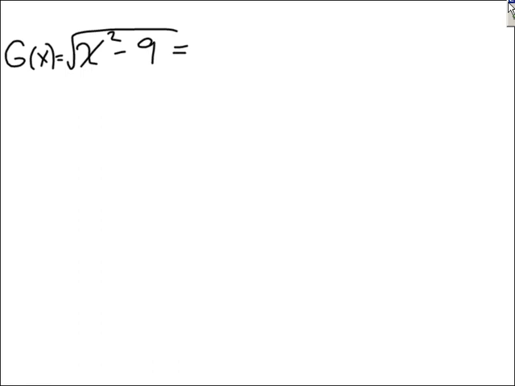Whether I can get every number, I will only get 0 or more. When you take the square root of something, no matter what number I give you, when you square it and take away 9, you get a number. And if it makes sense, then you're going to get 0 or more.